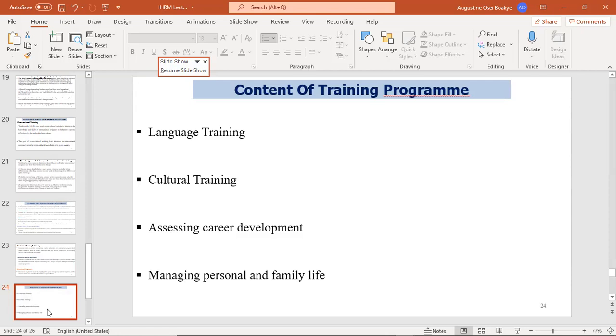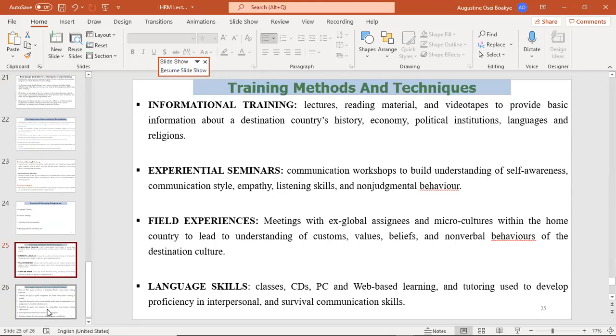And if these issues are not properly managed, it can have a negative toll, not only on the individual and their psychological well-being, but on the organization as well, because once it affects the individual's ability to deliver, the organizational productivity will be affected. So basically, these are some of the issues that form part and parcel of the content of such training programs.